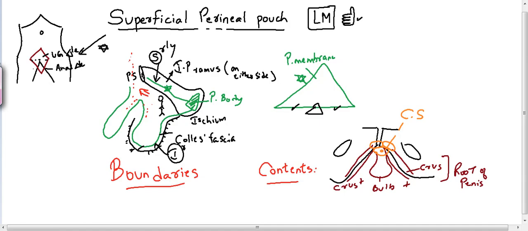This cavernous tissue we call it as corpora cavernosa or cavernous body. Two bodies will be there like this. So within this root of the penis, these following parts will be there. Now covering up these parts, there will be muscles. So these muscles help in erection of the penis and also the ejaculation of the semen.